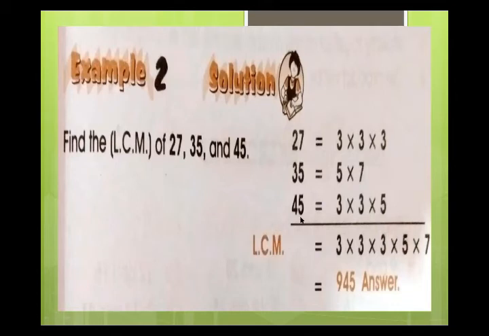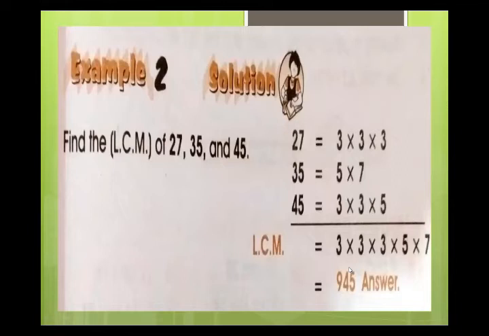After listing the prime factors, you find the LCM. How? Firstly, you find the greatest factor among all these three numbers. So here, for the prime factors of 27, the whole factor 3 into 3 into 3 is the greatest prime factor, so we take it as it is.